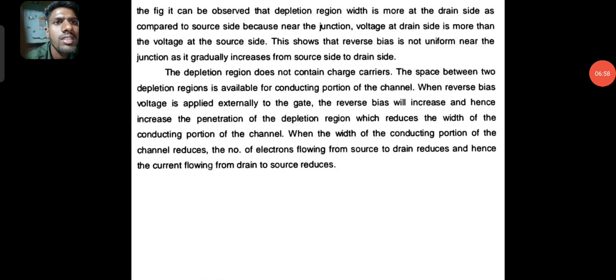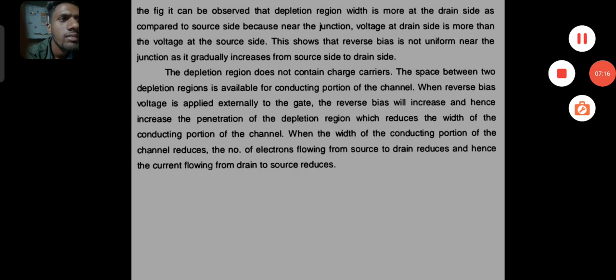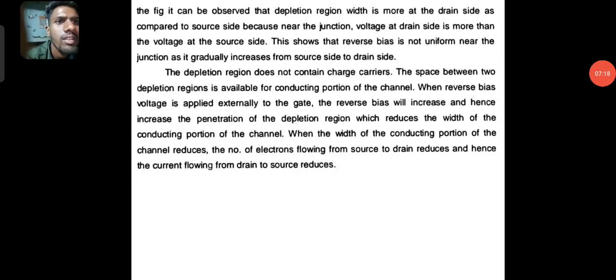The depletion region does not contain charge carriers. The space between the two depletion regions is available as the conducting portion of the channel. When reverse bias voltage is applied externally to the gate, the reverse bias increases the penetration of the depletion region, which reduces the width of the conducting portion of the channel.